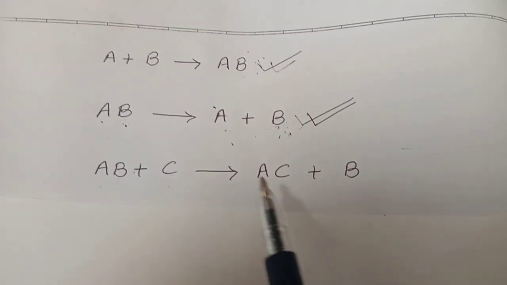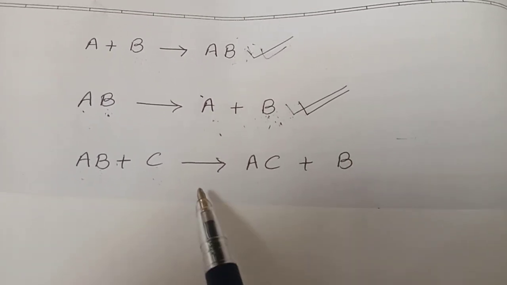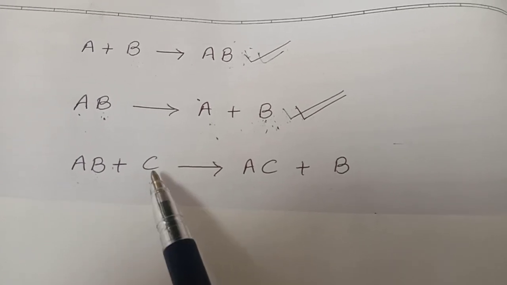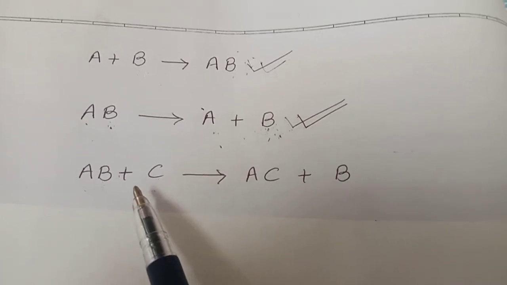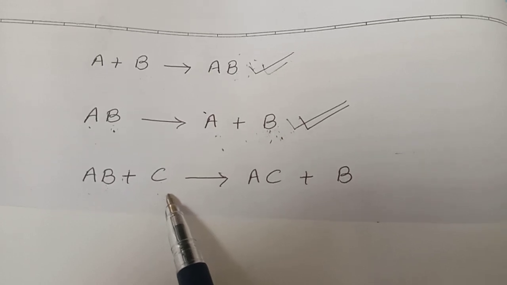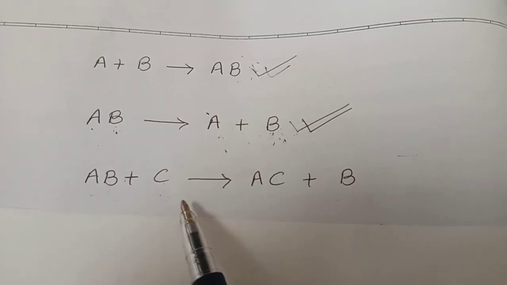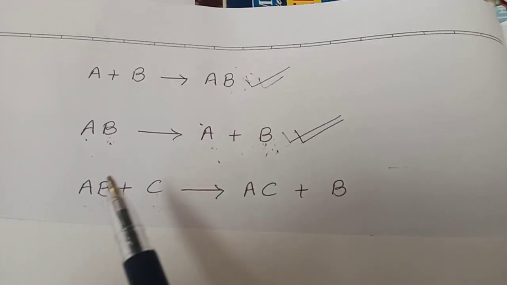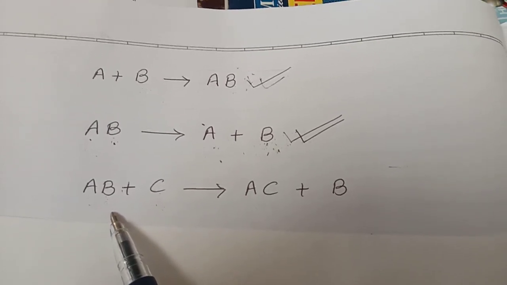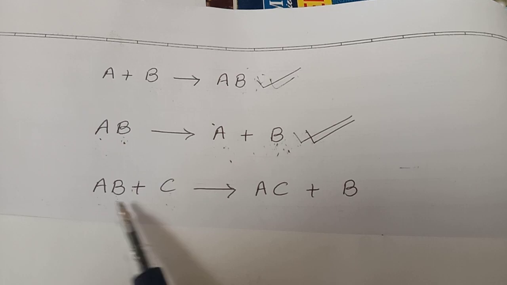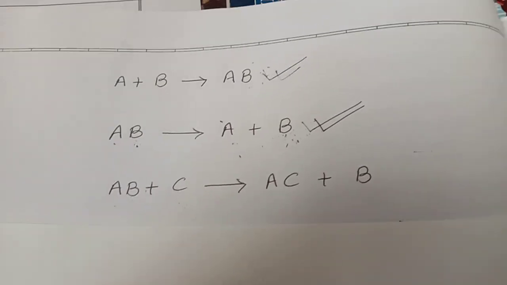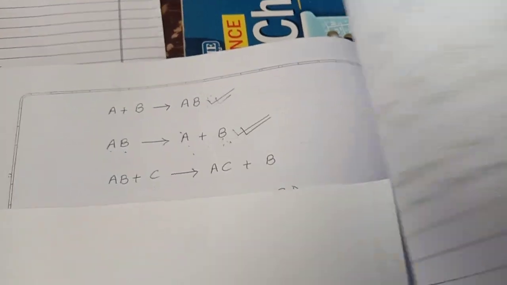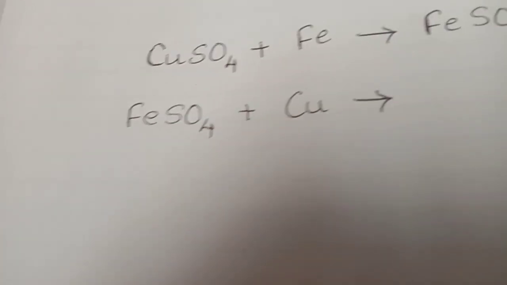Since there is a single displacement taking place here, we call it a single displacement reaction also. So it is always a more reactive metal, a more reactive element, displacing a less reactive metal or element from its compound. Now let us take an example and study it.